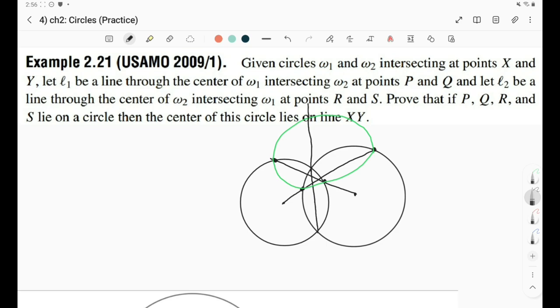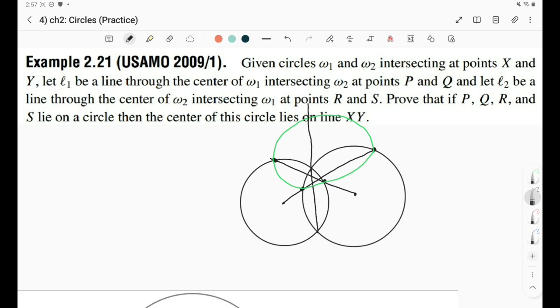Okay, so let's try to think, how can we enforce this condition? We need to have a third circle such that these two lines intersecting the two circles lie on this circle. Well, if you try to think about it, this diagram should be familiar to you. We already in our previous video discussed one very important theory about this exact diagram.